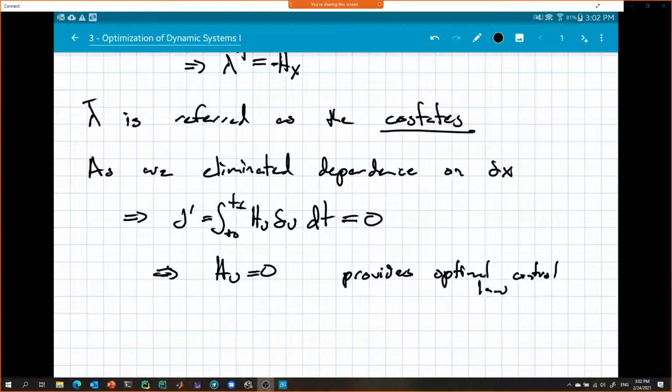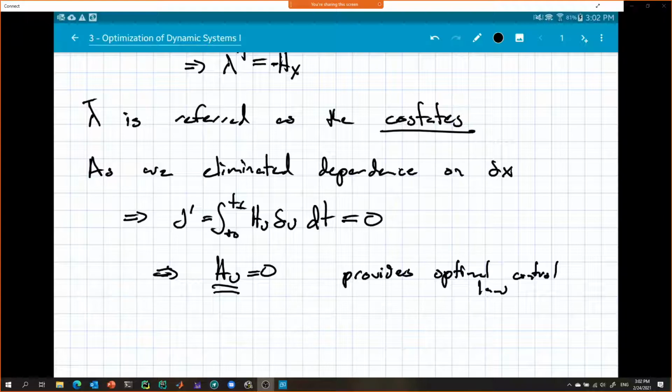From now on, if you remember back to the parameter optimization lesson, we get a similar thing with the augmented cost there.